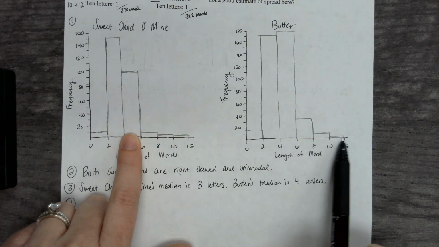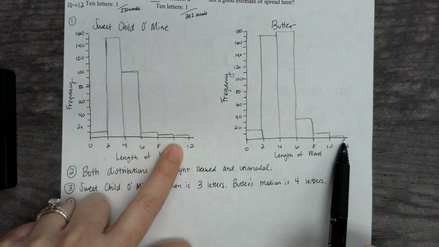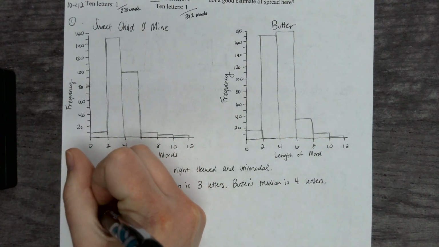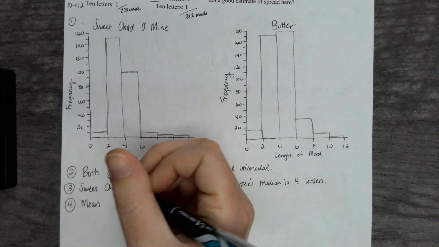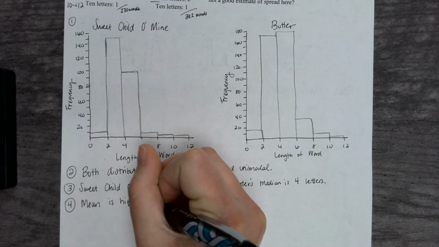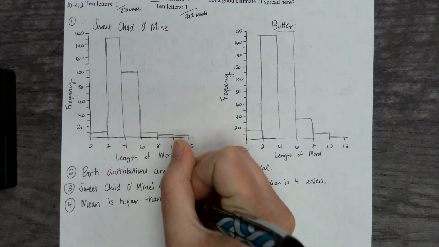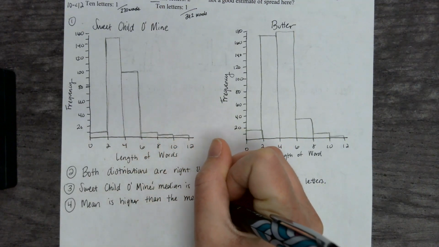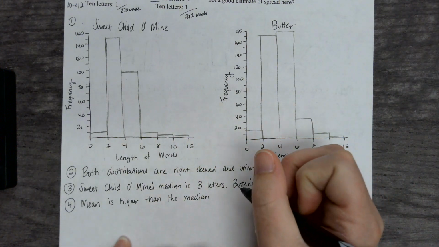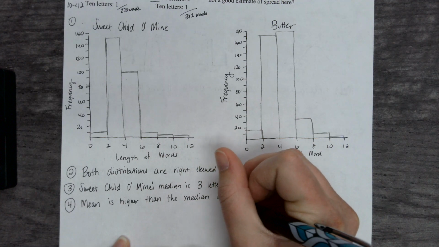And then we also have these 10-letter words that are going to pull that mean up in both cases. So our mean is probably going to be higher than the median, strictly because we have larger values in each data set.